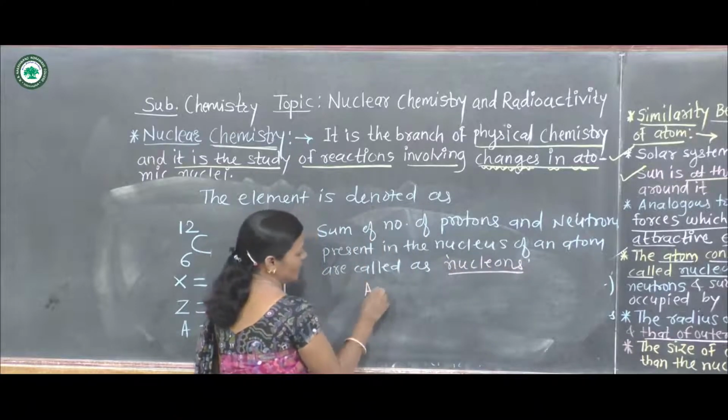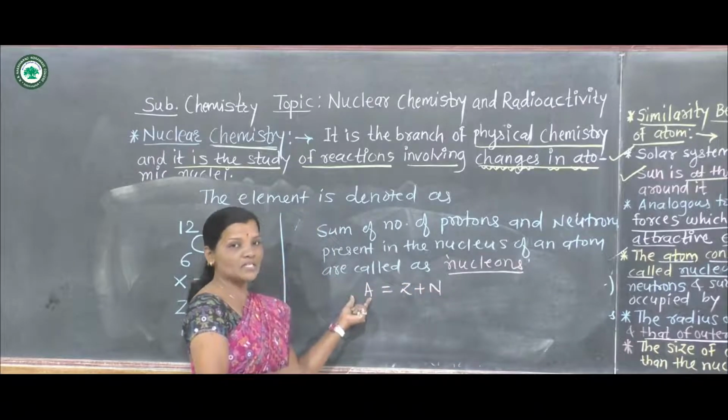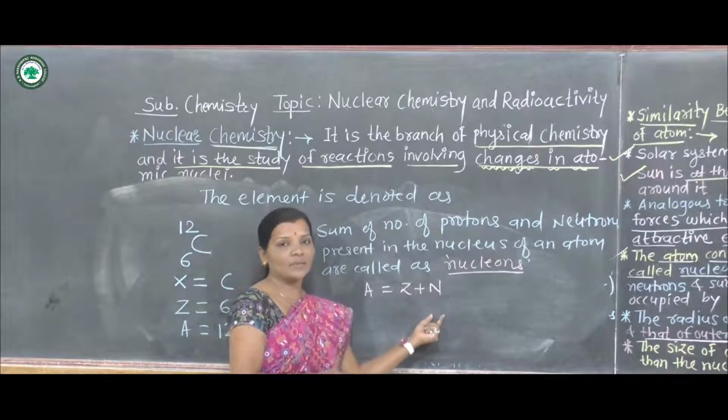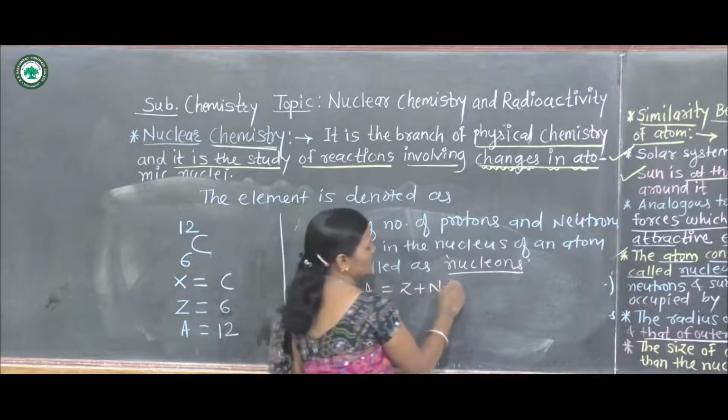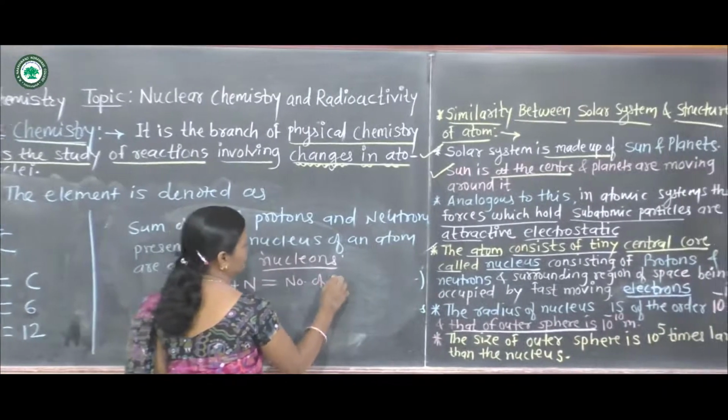That means A is equal to Z plus N: the atomic mass is the sum of the number of protons and neutrons, and this sum indicates the number of nucleons.